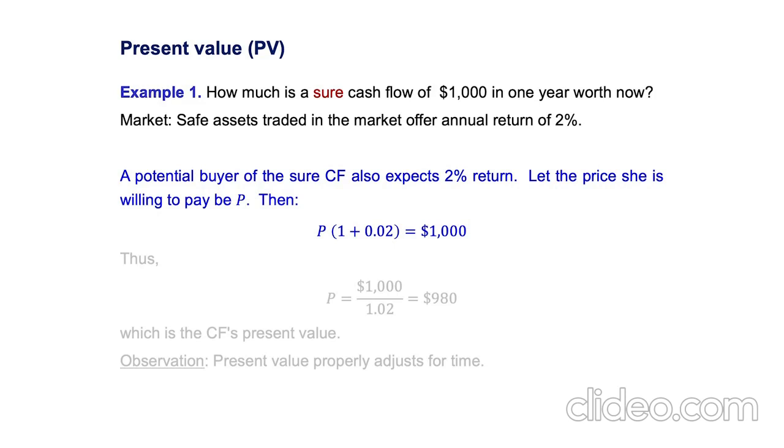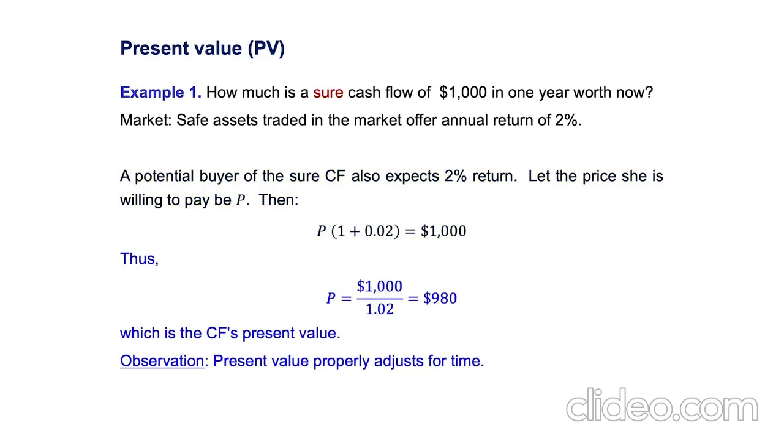Let the price she's willing to pay be P, then we have the following equation, namely P, which is the price she's paying, times 1 plus the 2%, the return she expects to get. That should equal the total cash flow at the year end. That's $1,000.